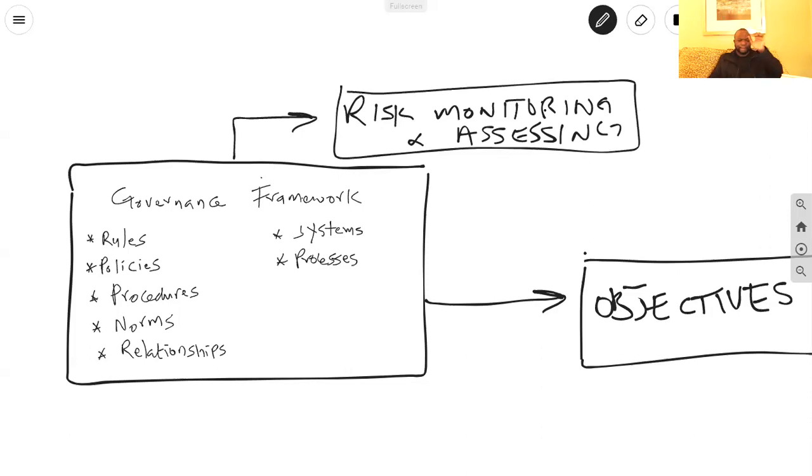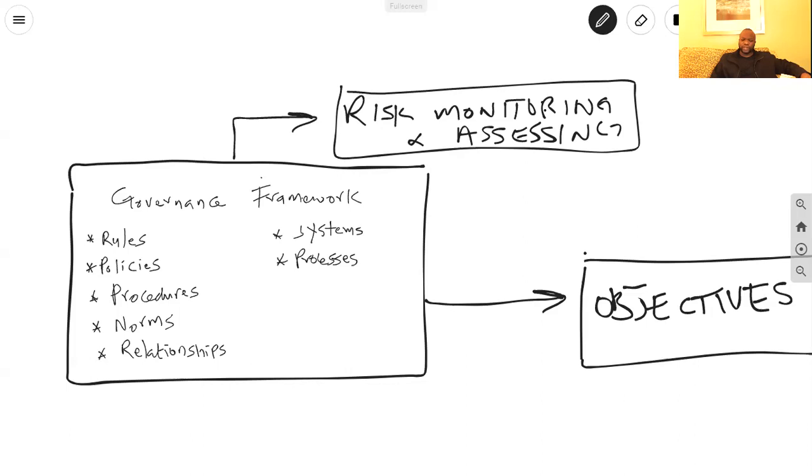Think about it. Your organization's rules and their policies and procedures and their norms are going to affect how they perceive certain things, how they perceive the future to be. Relationships they have will affect how they perceive the future of the firm.